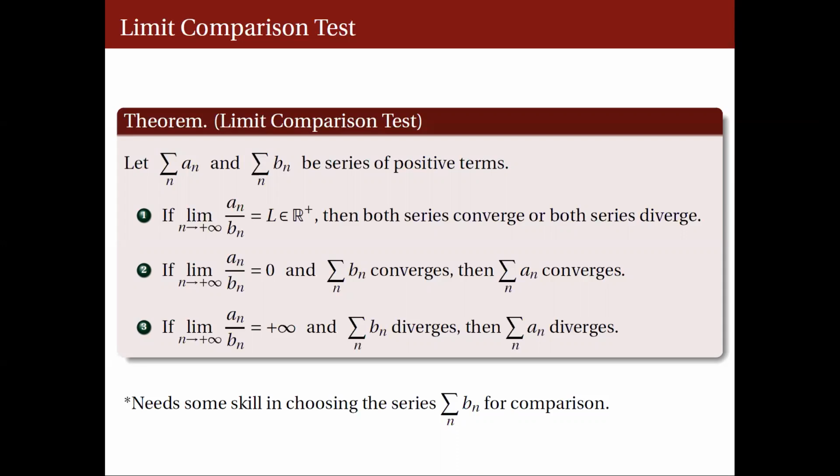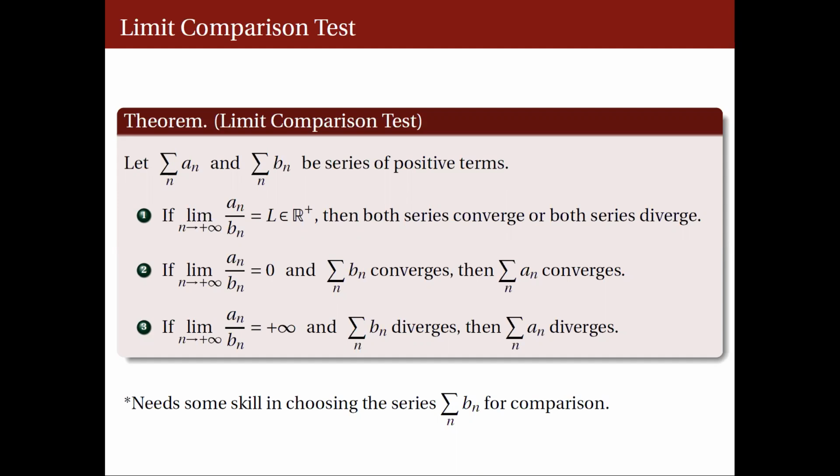For the second case, if the limit as n goes to infinity of a sub n over b sub n is equal to 0, and if the summation of b sub n converges, then the series of a sub n also converges. For the third case, if the limit as n goes to infinity of a sub n over b sub n is equal to infinity, and summation of b sub n diverges, then the series of a sub n also diverges.